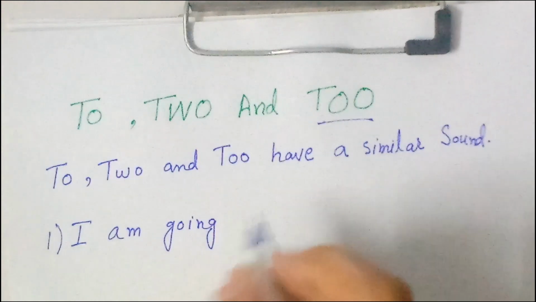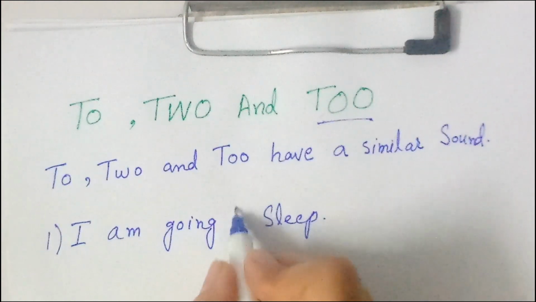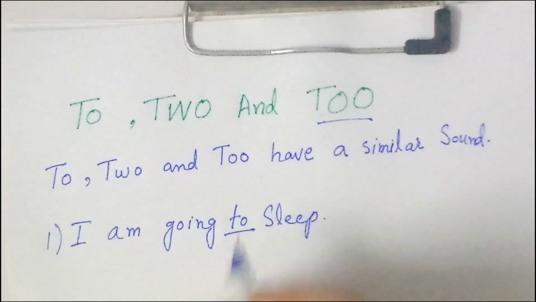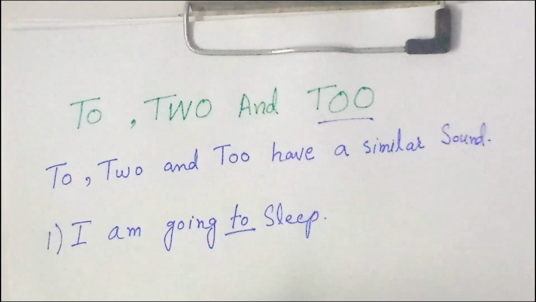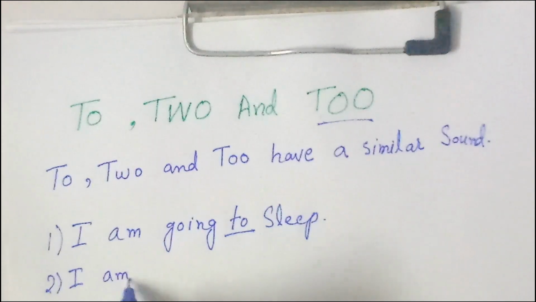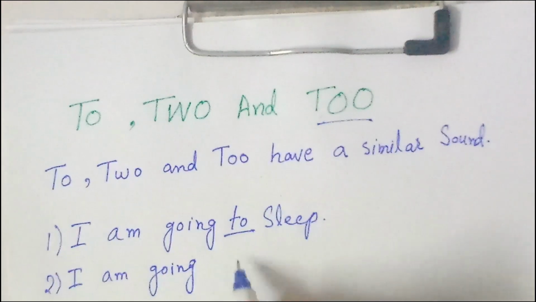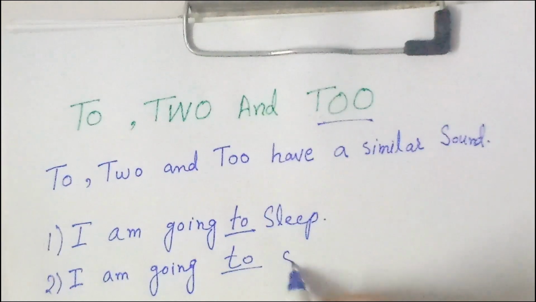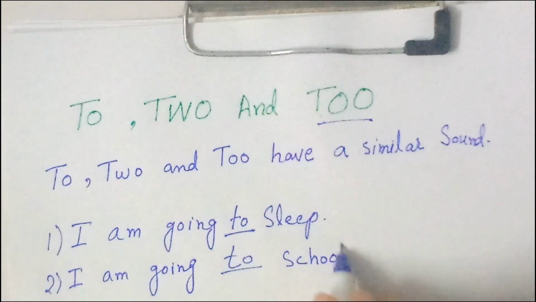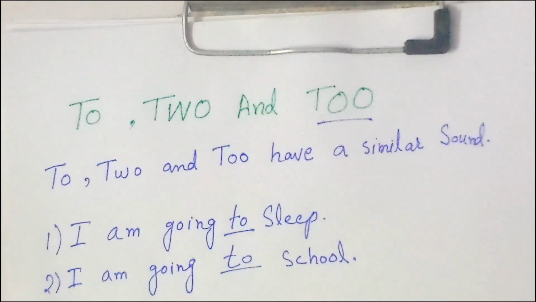Now you can see that we are using this "to". The second example is, I am going to school. Now you can see this "to" and this "to".